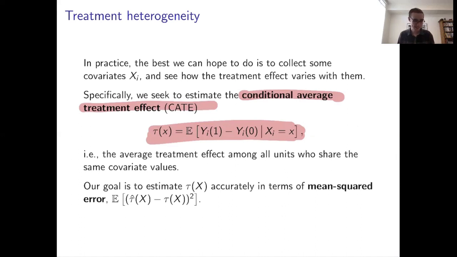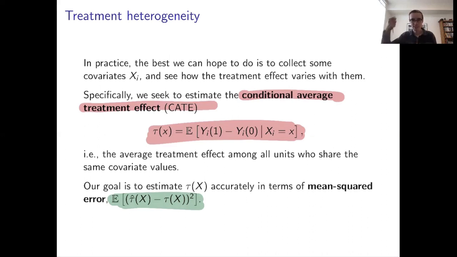You've already talked about the conditional average treatment effect a bunch last week. And then just to have a clear target in mind, today when I say we want to estimate the conditional average treatment effect function, what I'm going to mean specifically is that we want to capture it accurately in mean squared error. We have a distribution of people.